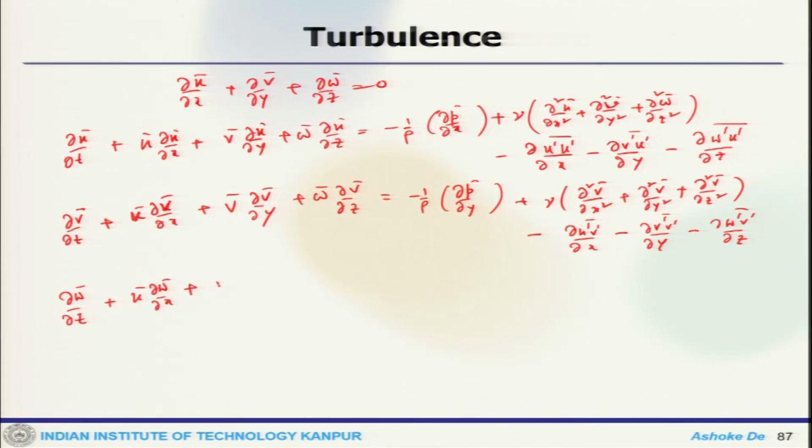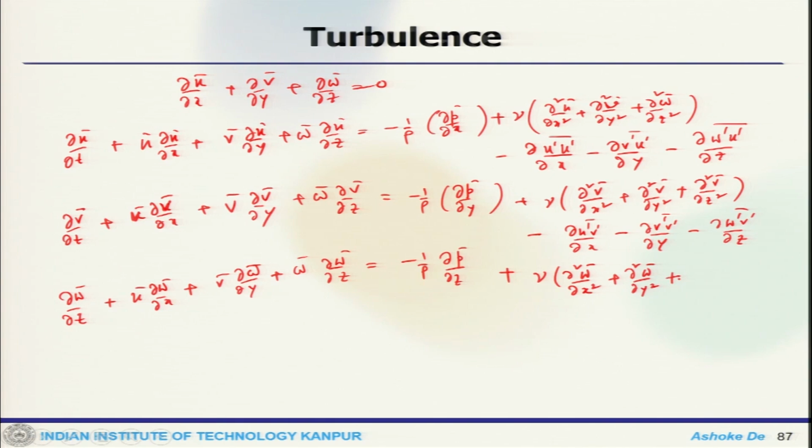So, this is our convection term. This is the diffusion term. And these are the Reynolds stress terms.